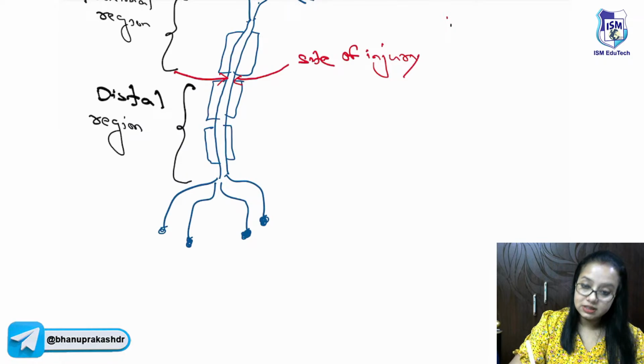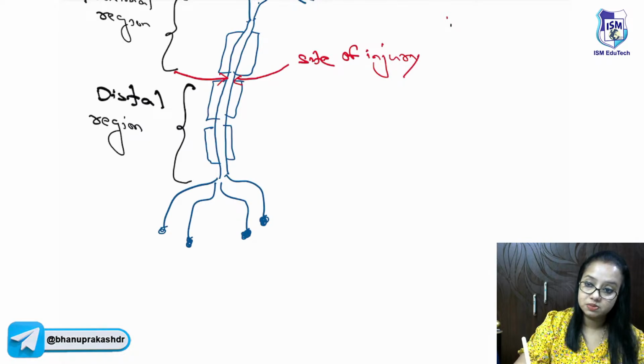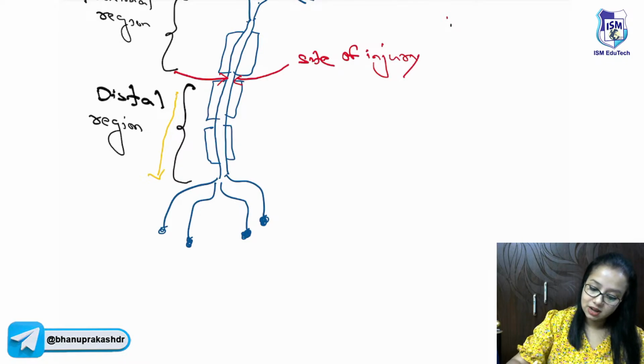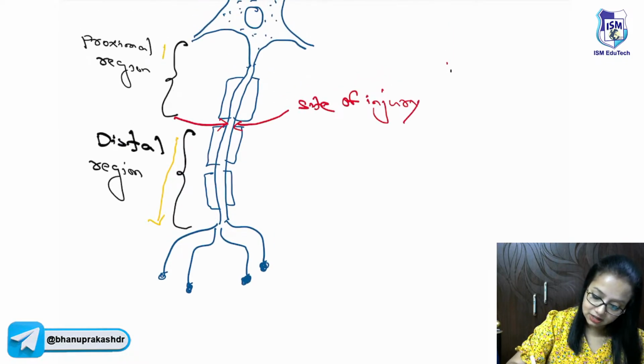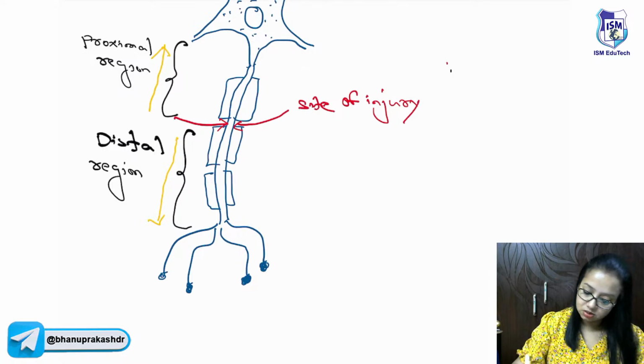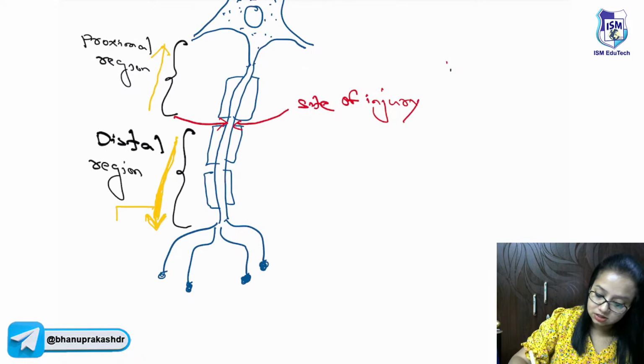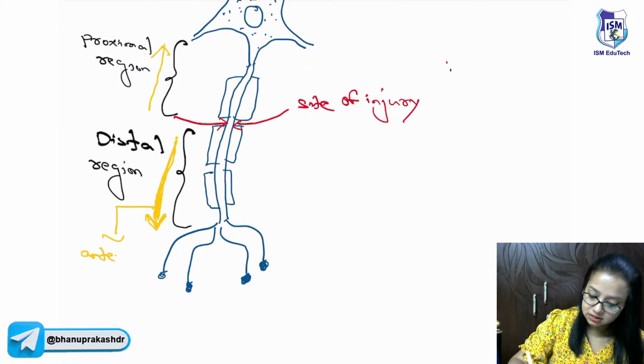Here, the degenerative changes that happen in the distal region, the direction is like this. And the one that happens in the proximal region, the direction is like this. So here you see the degenerative changes are away from the cell body towards the synaptic knob. So away from the body. So this is called the anterograde degeneration.